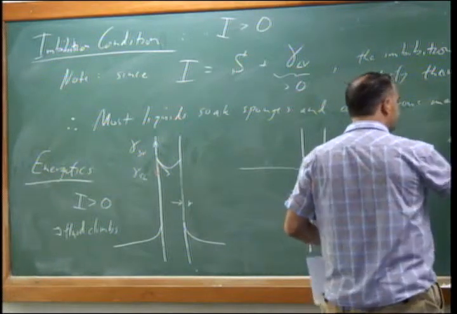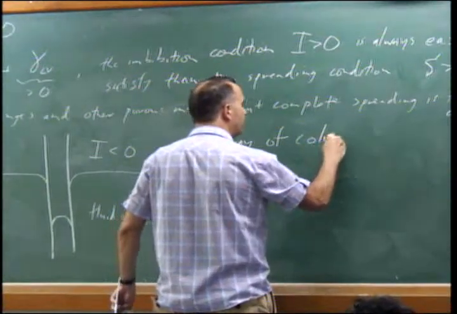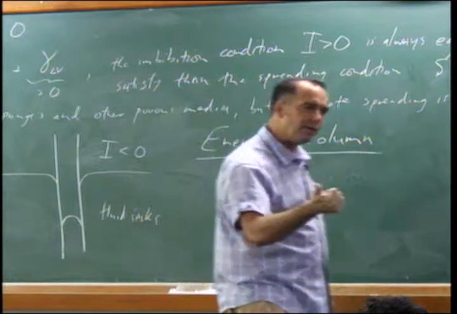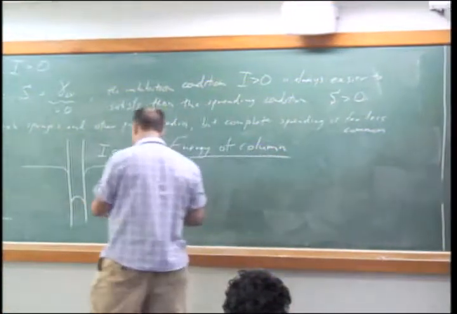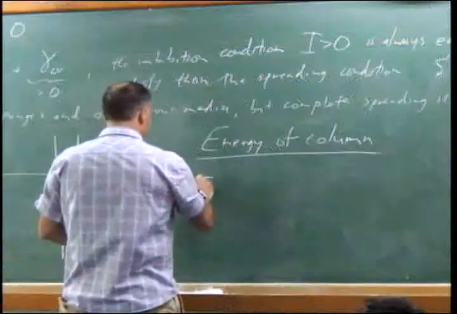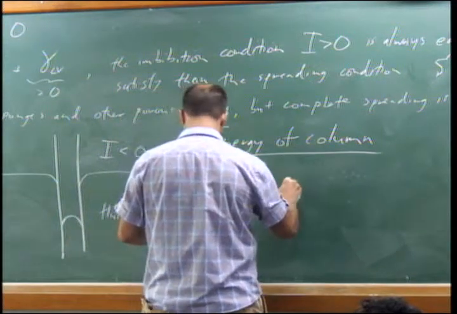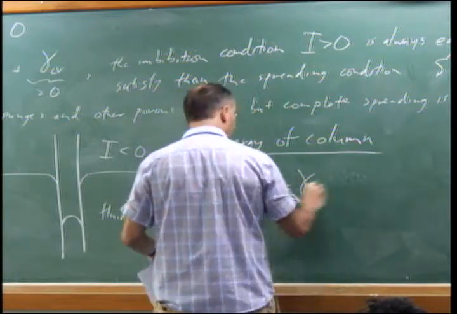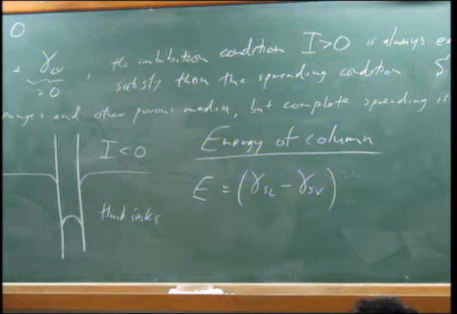Okay, so we look at the energy of the column. Again, we're going to write down the energy of the system. It's now going to be gravitational potential energy and surface energy, and we're going to minimize it. All that matters is the wetting energy on the walls, because again, this thing's not changing.